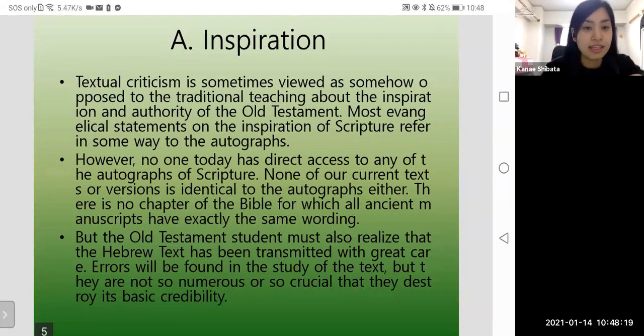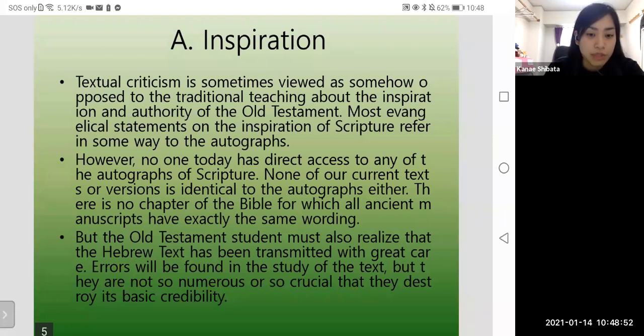Inspiration. Textual criticism is sometimes viewed as somehow opposed to the traditional teaching about the inspiration and authority of the Old Testament. Most evangelical statements on the inspiration of Scripture refer in some way to the autographs. However, no one today has direct access to any of the autographs of Scripture. None of our current text or versions is identical to the autographs either.